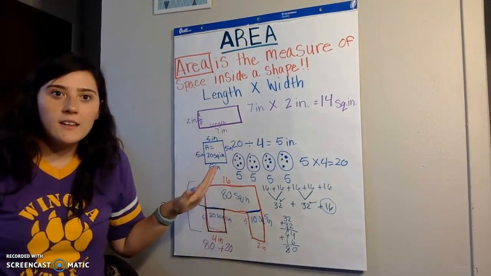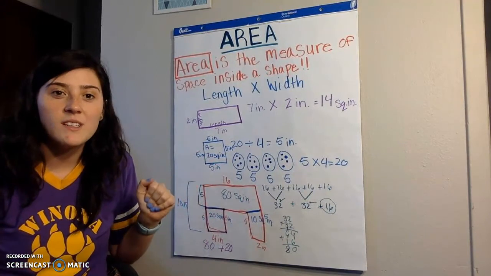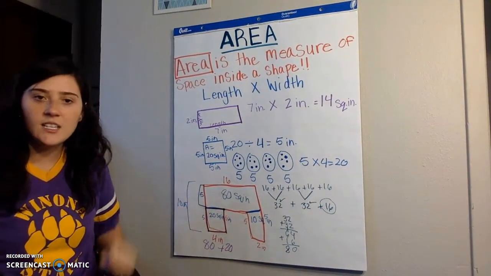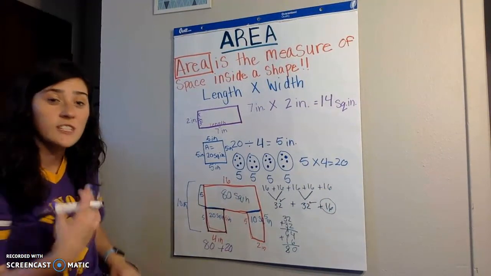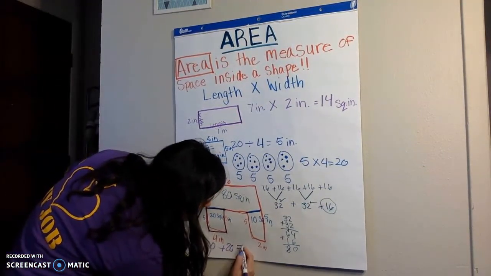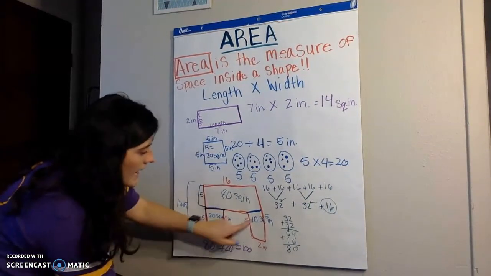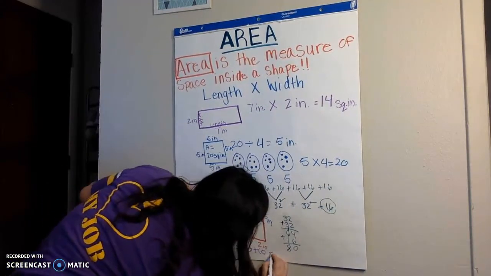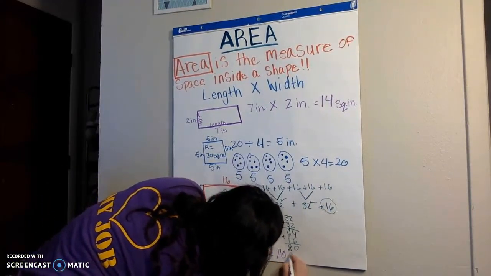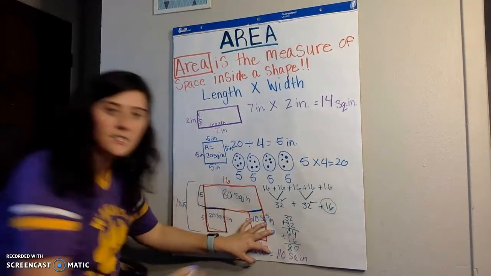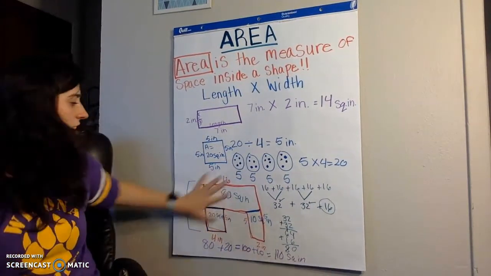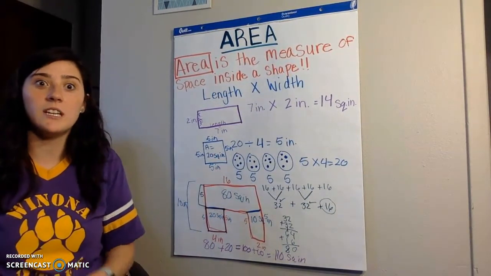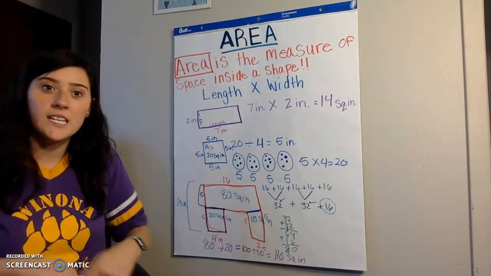I know that 80 plus 20 equals 100 because 8 plus 2 is 10, and then I just have to add the extra 0. So I know that's 100. And then I have to add in the 10. So 100 plus 10 equals 110 square inches. So my area of this irregular shape is 110 square inches. Can you believe that? I can't. That's craziness. Okay.